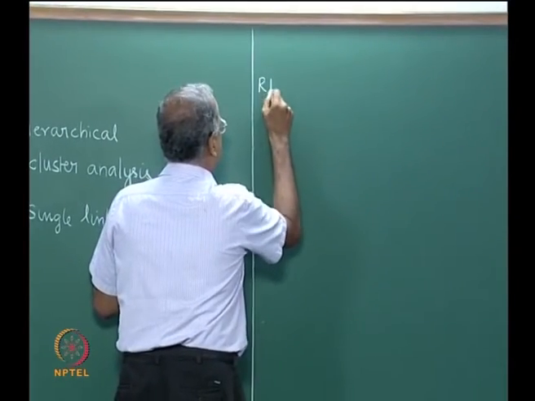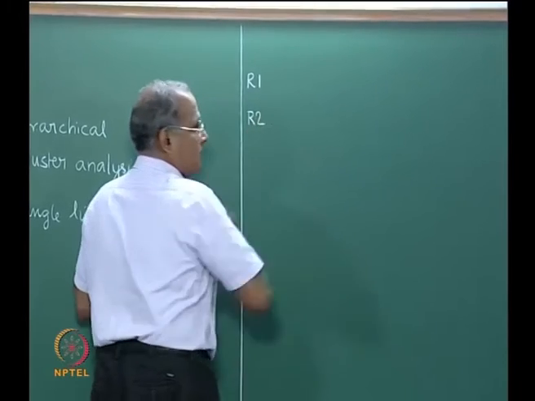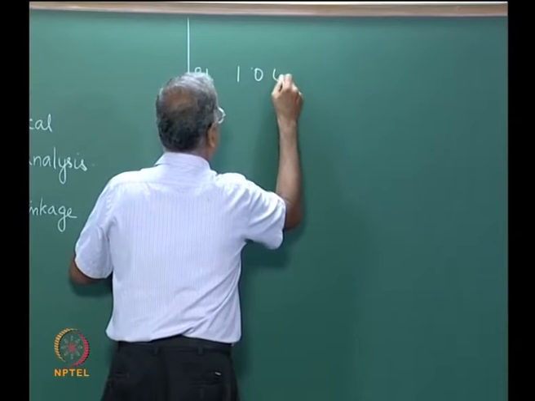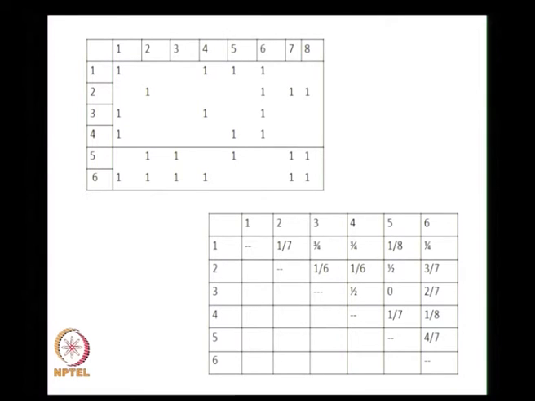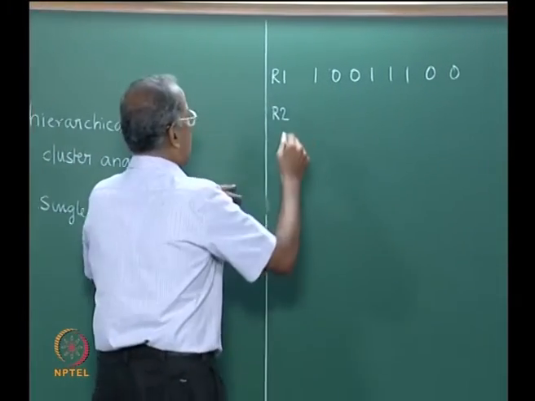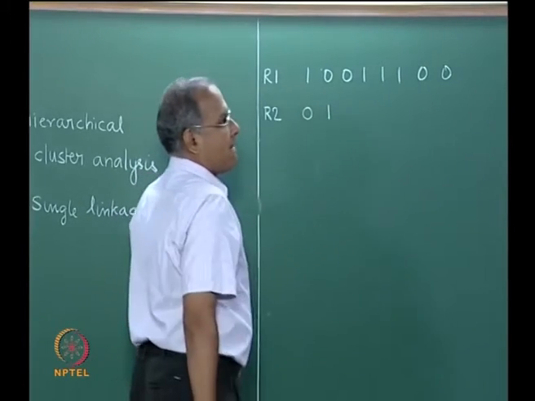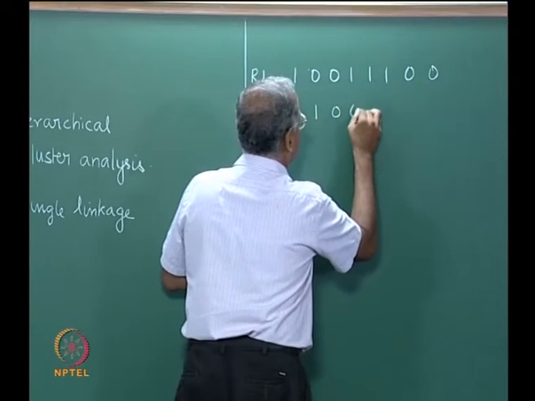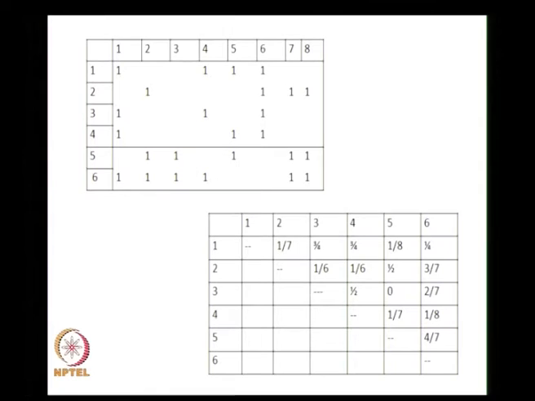This I call row 1, this is the second row. The first row is 1 1 1 0 0. The second row is 0 1 0 0 0 1 1 1.